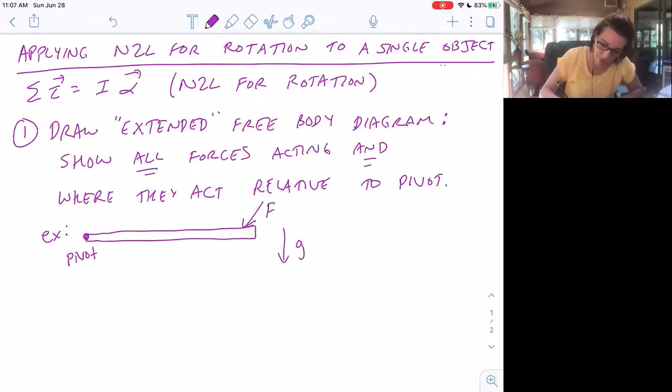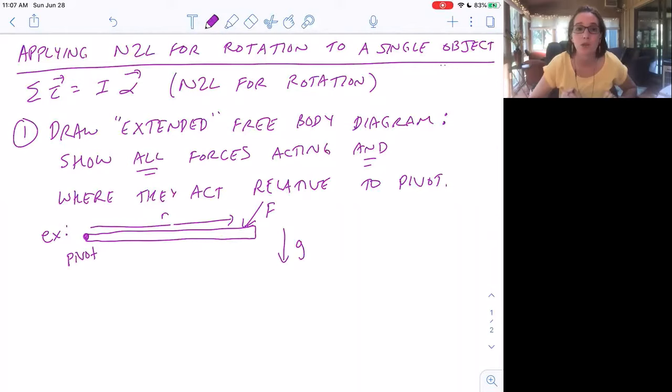Then I might have the force acting, but what also matters in this diagram now is the distance R at which the force acts. So I would also be very mindful of making sure that I knew what that R was so that I could find the torque. And then what do you do about the weight of an object if you're drawing an extended free body diagram?